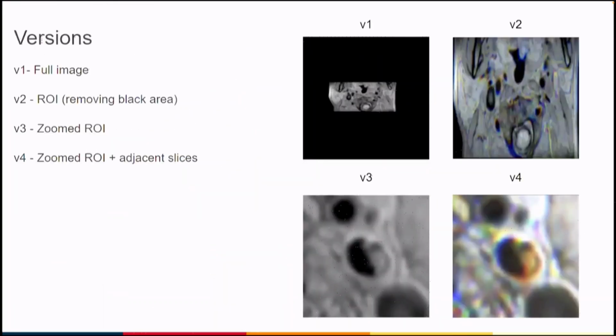When I started trying to solve this challenge, my first try was to use the full image as an input. But as you can see, it has a lot of black pixels that are not adding a lot of information. So the second try was to crop the center of the image and extract the relevant patch in the middle.